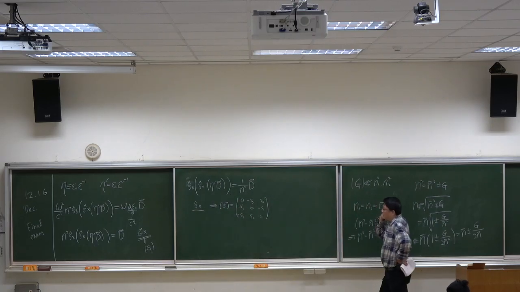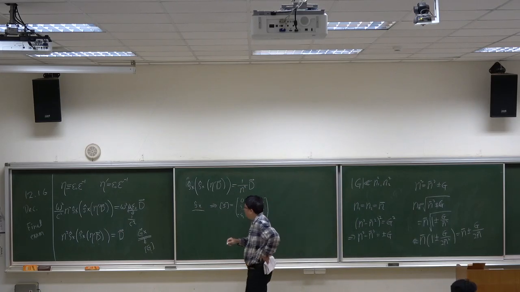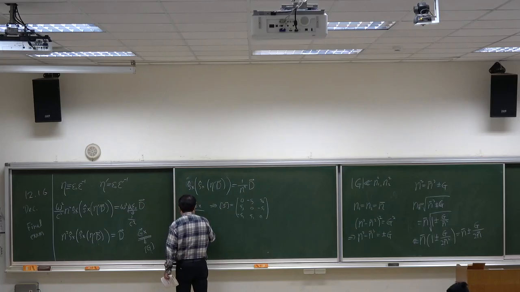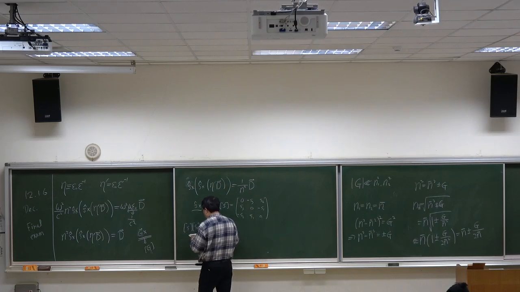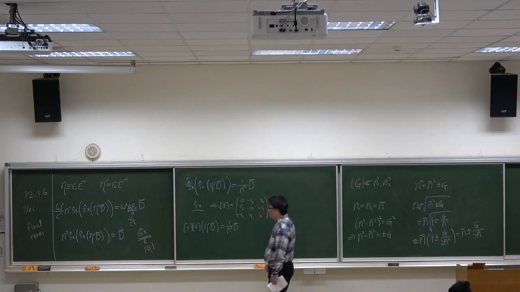This, okay? So this means that S matrix times eta prime d is equal to 1 over n squared d.